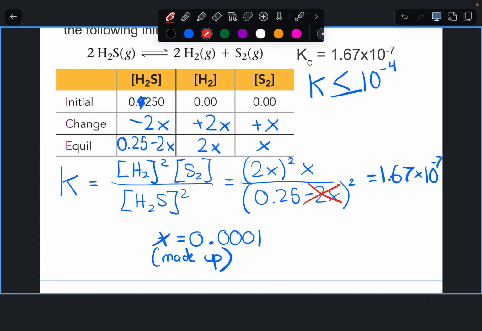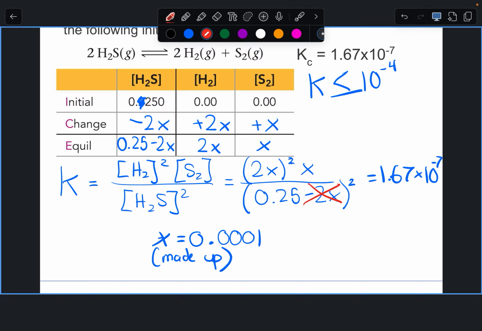So if you get something like this, one of the scenarios might be that you get to make this assumption. You get to say, k is so small that x will be so small that it won't make a difference if I subtract a really small number off of this number. So I get to ignore that, okay?